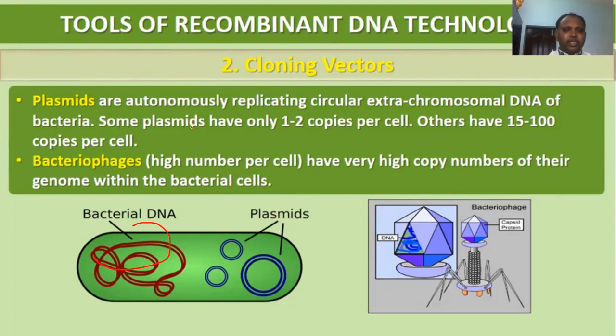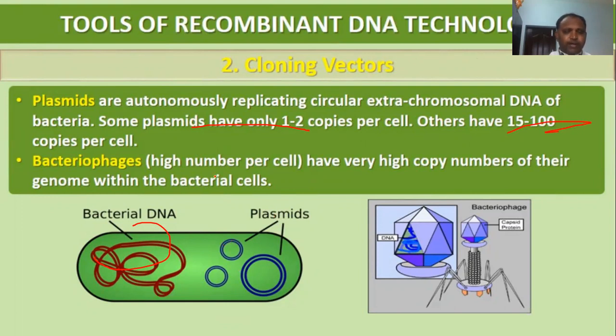But in a bacterial cell, how many plasmids are there? Some plasmids have 1 to 2 copies per cell, but some organisms may have 15 to 100 copies per cell.